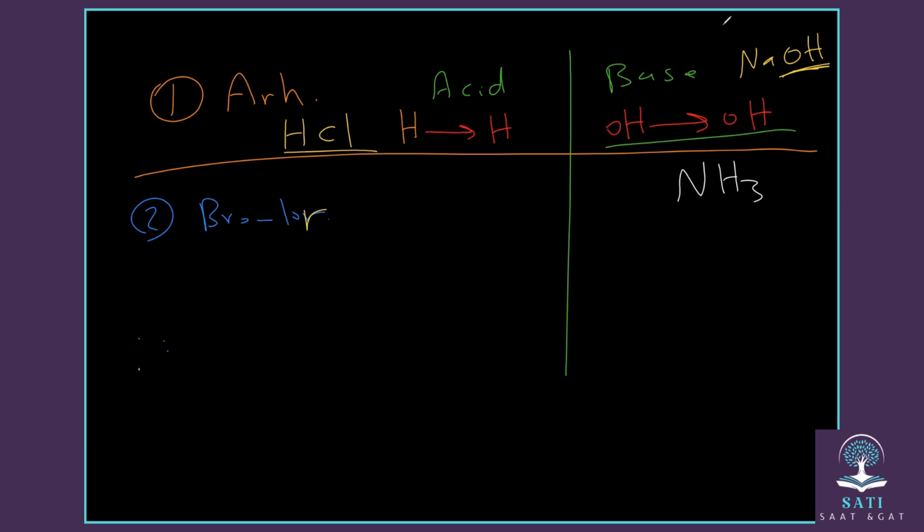Their definition for acids: they said an acid is an H donor. So an acid is a chemical substance that is a donor for hydrogen ion, which is H positive.